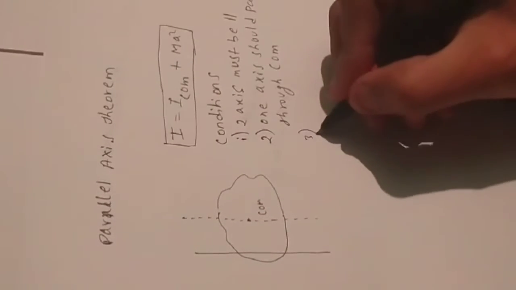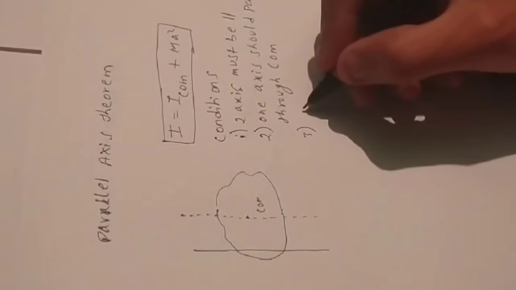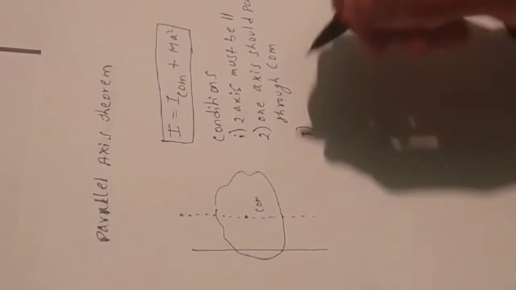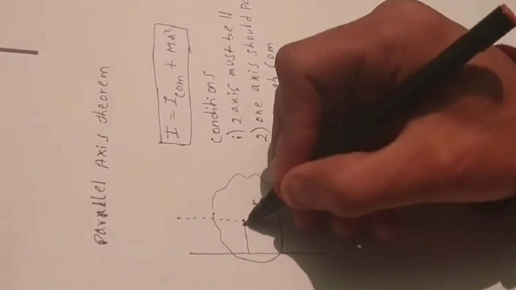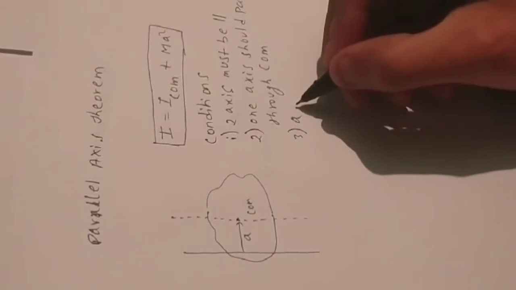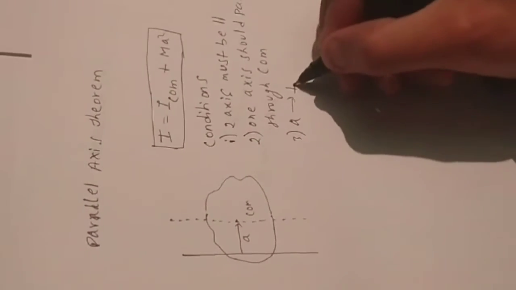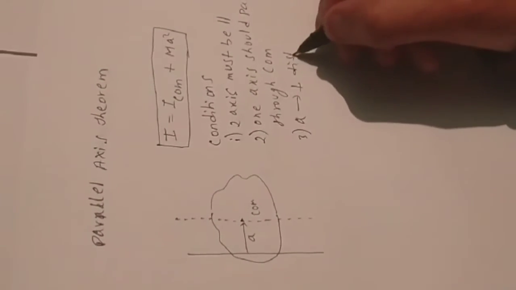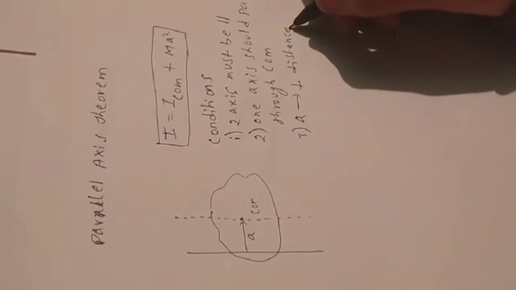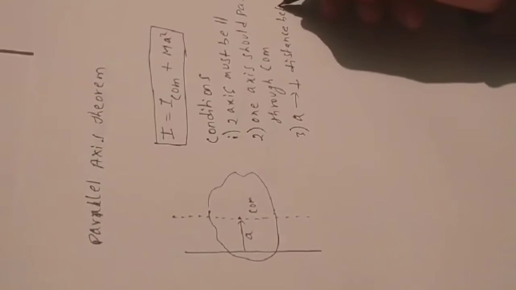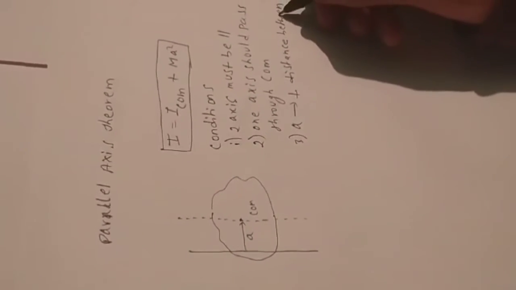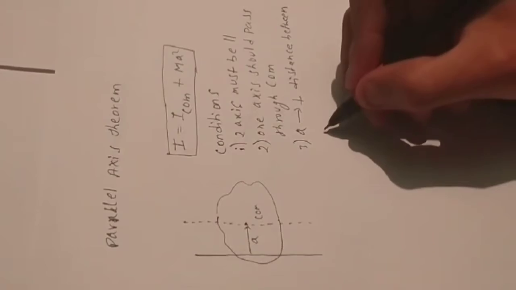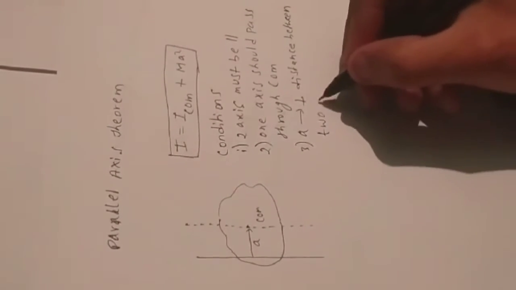So number 3, let us name this distance as a. So a equals the perpendicular distance between the two axes.